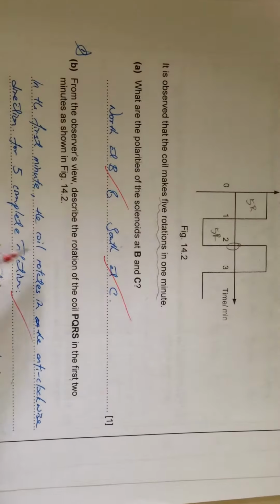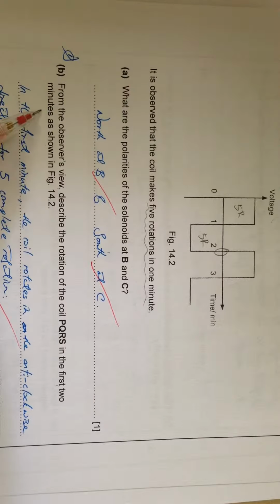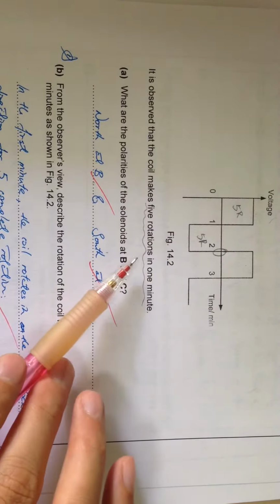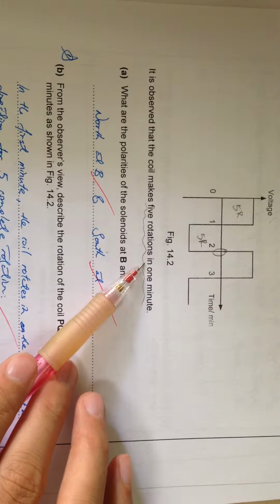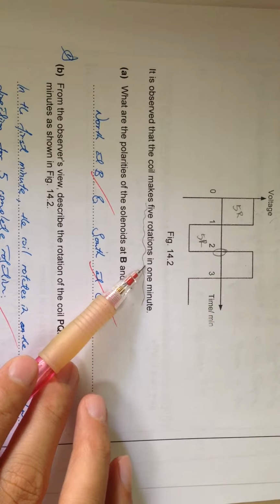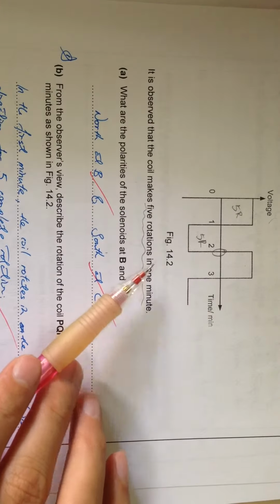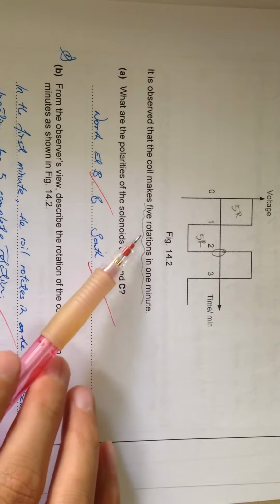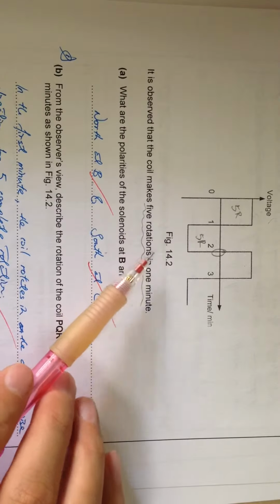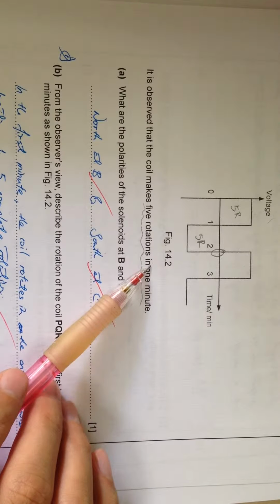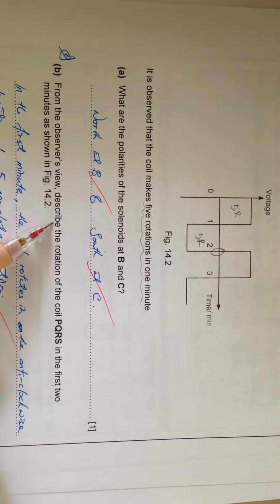So when you're answering questions like this that are very specific with the time duration, you must include as accurately as possible in your answer the information given in the question. So it's not just the direction of the rotation, you have to indicate how many turns it has rotated. Okay, because they ask you to describe, so you need to describe as accurately as possible.